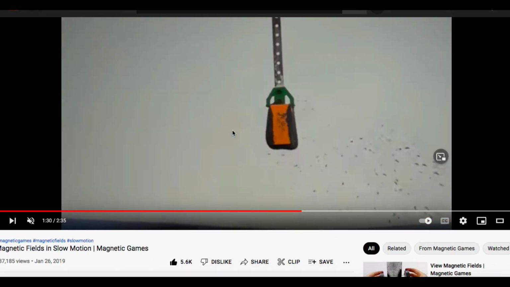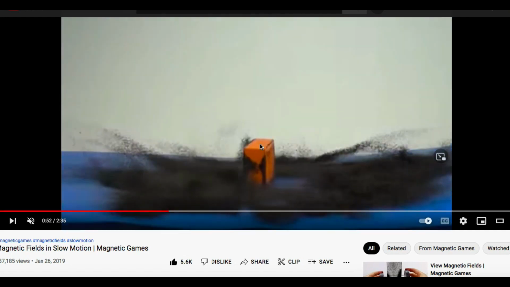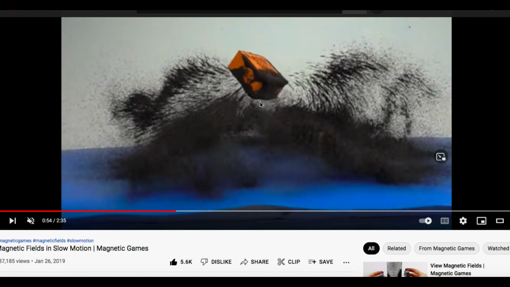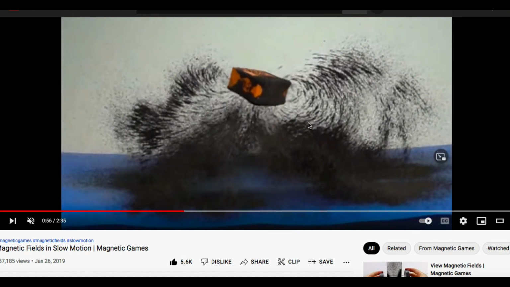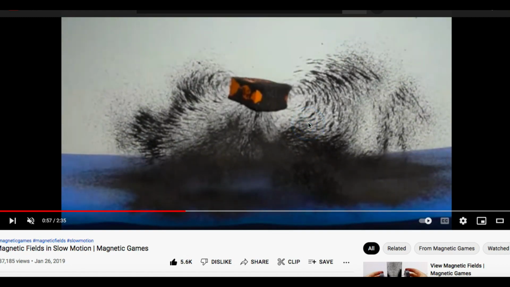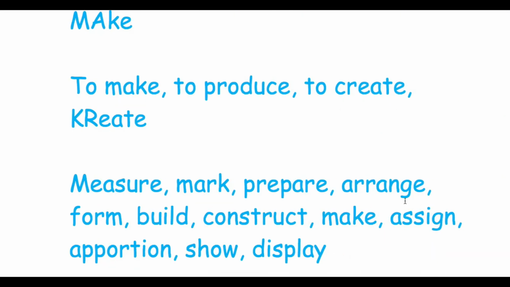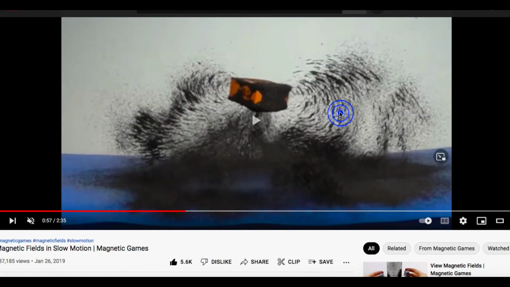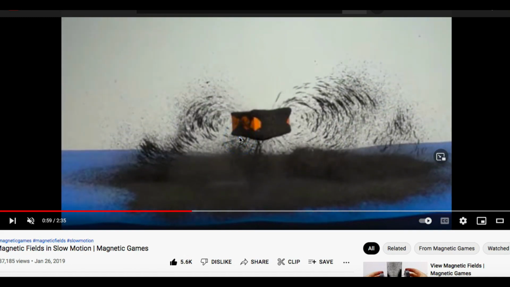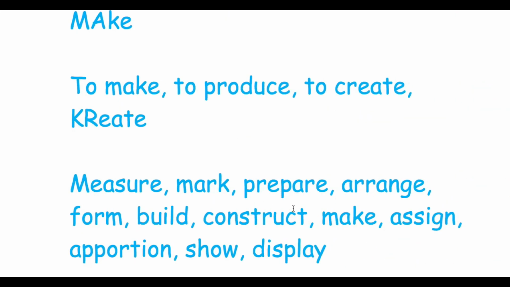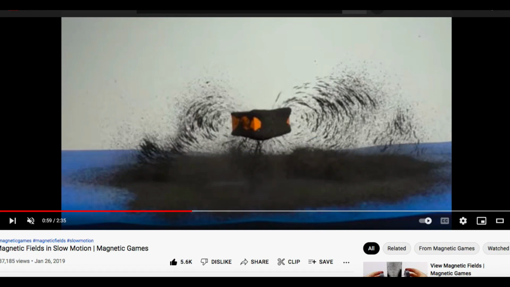I'm all eyes, I'm all ears, I'm listening. So it's preparing, it's forming, it's building, it's constructing, it's assigning a particular arrangement. Is it displaying or not?